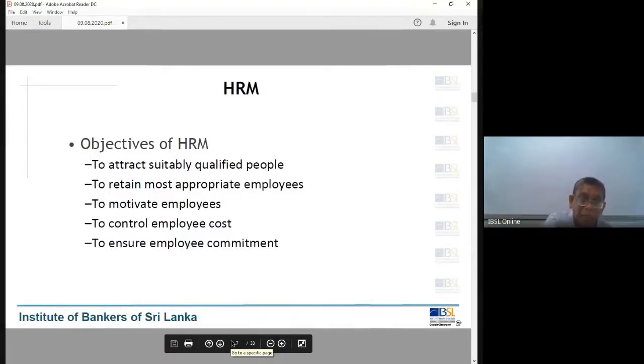Two slides come under functions of HRM after the importance of HRM.